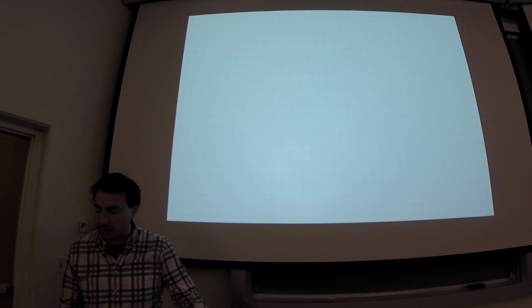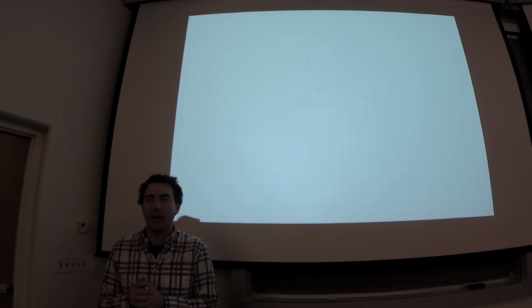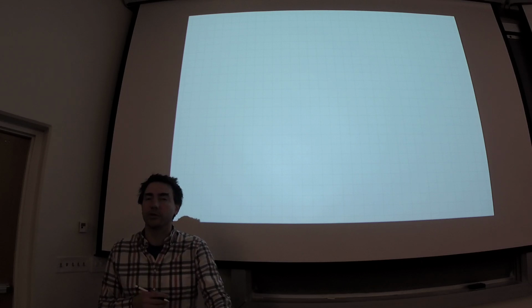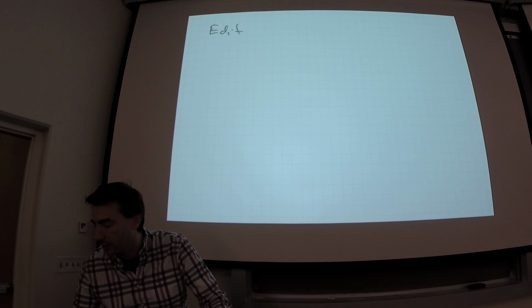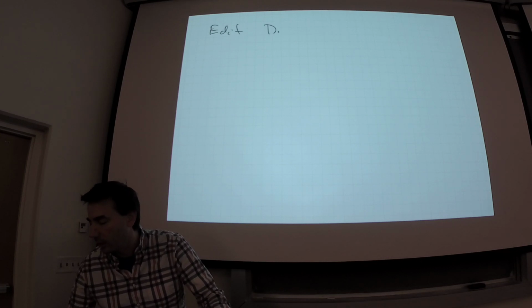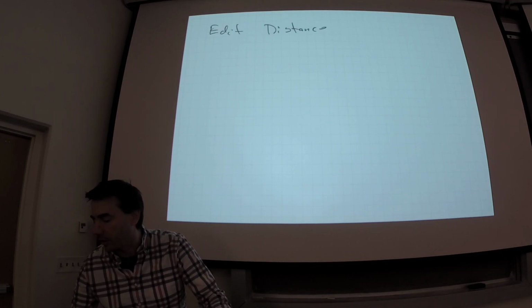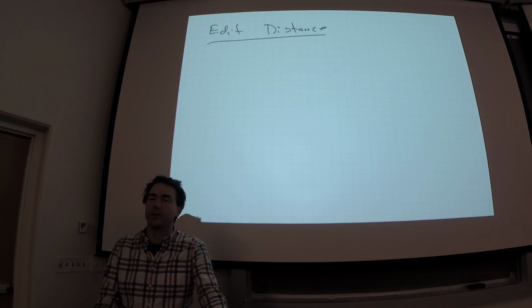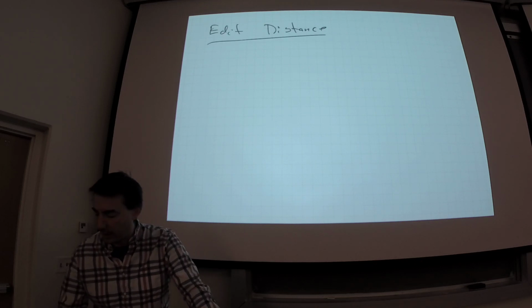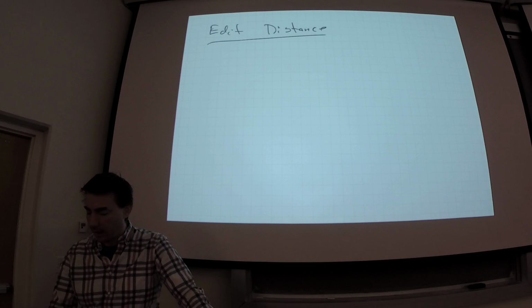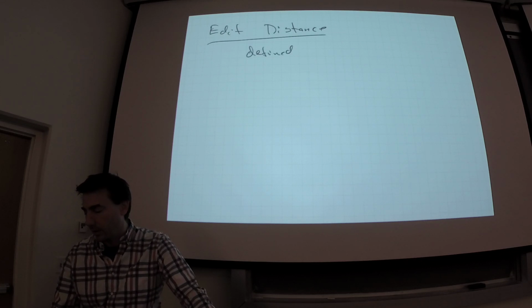So the first thing I want to start with is a few other distances I think are important just to be aware of. There's a distance called the edit distance, and this is defined between strings.